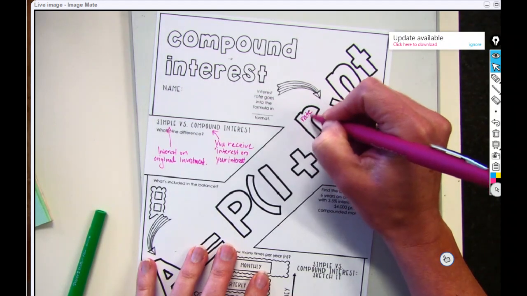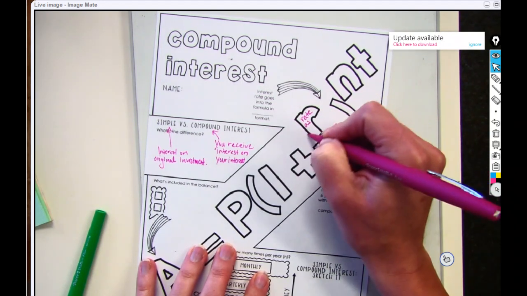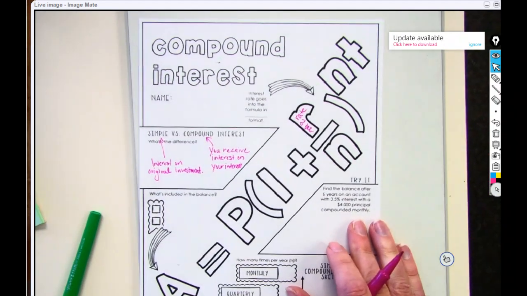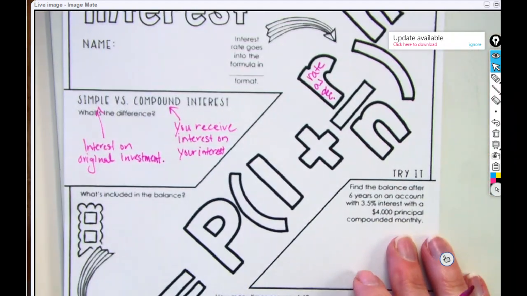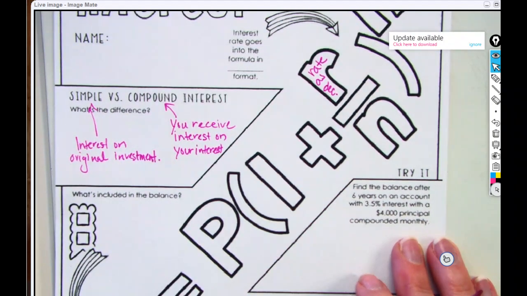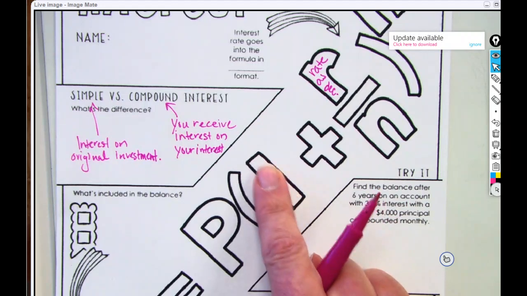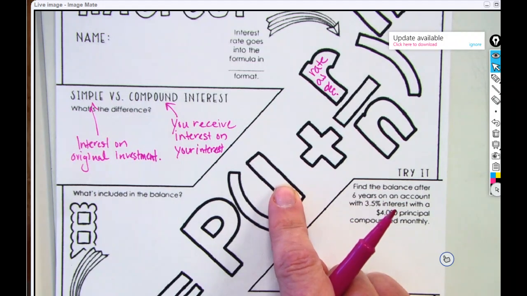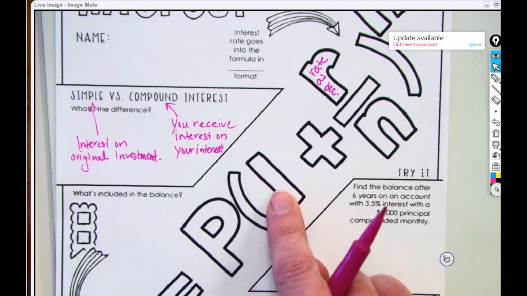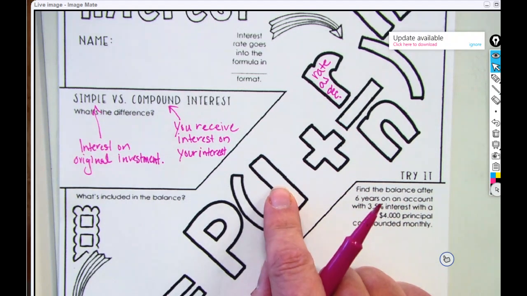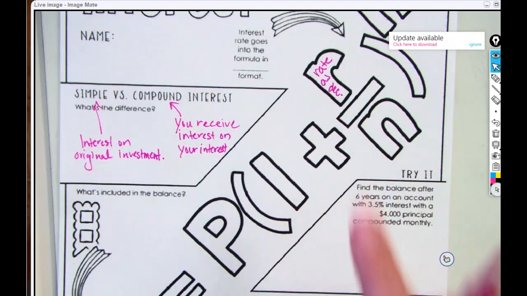So rate as a decimal. Something I like to point out is this 1 stands for 100%. We've got our 100% plus whatever our rate is. So we're earning 100% of what we invested plus some interest over time.